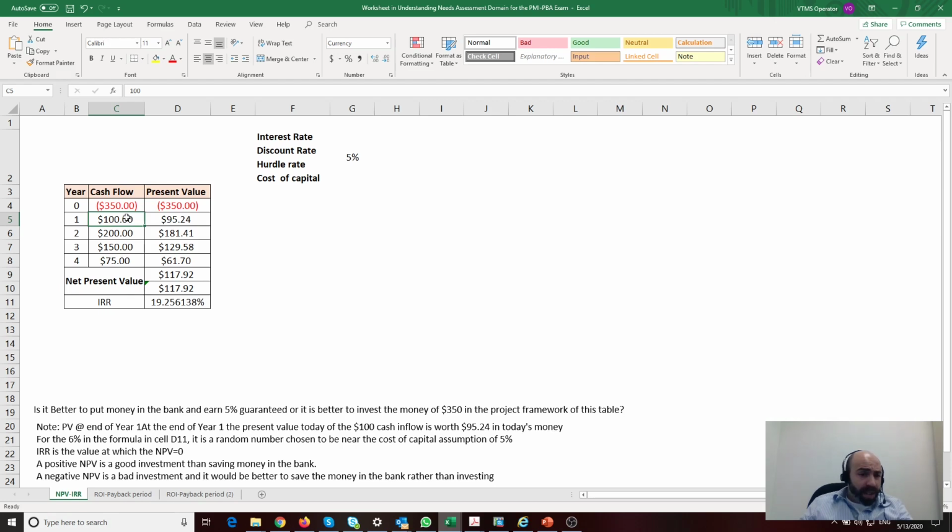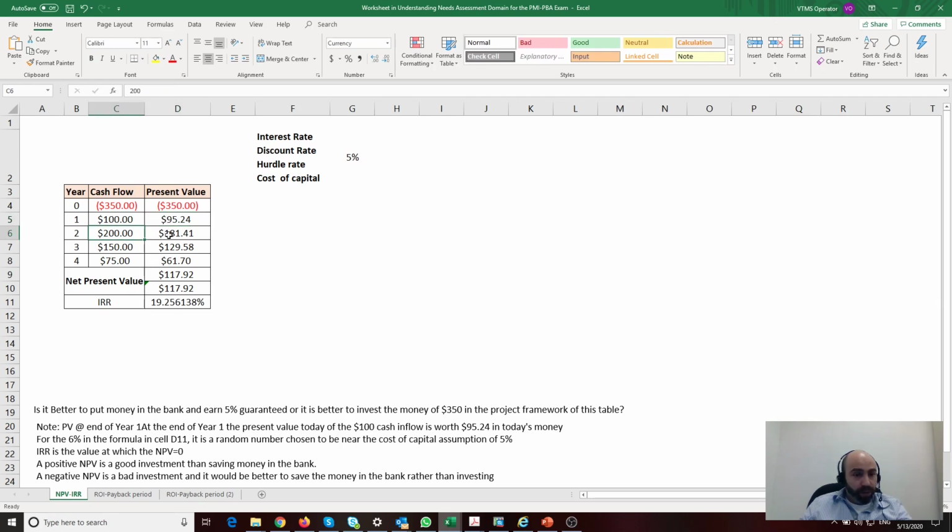But that's not the present value, because I know the $100 here is in reality less than that value. How do I know that? By calculating the present value. Again, this is the formula. After year 1, it will give me $95.